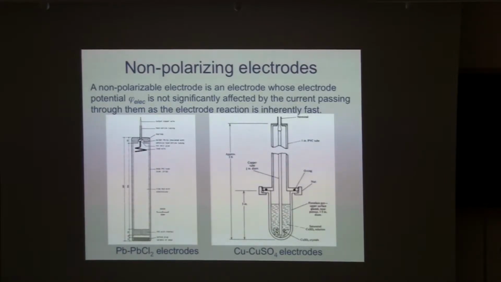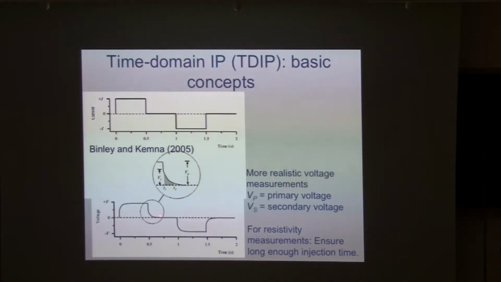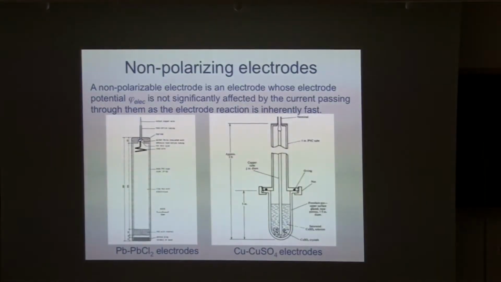When you do these measurements, IP, and also another method I'm going to talk about later, self-potential, you need to use what's called non-polarizing electrodes, because if you would use normal electrodes, you would get this type of decays changing over time that will just be related to the electrode potential of the electrodes that you're using if you use, let's say, stainless steel. So you don't want to do that. So you want to use non-polarizable electrodes. Doesn't mean that they do not have an electrode polarization. There's a potential difference of 100 millivolts or so between the electrode and the ground.